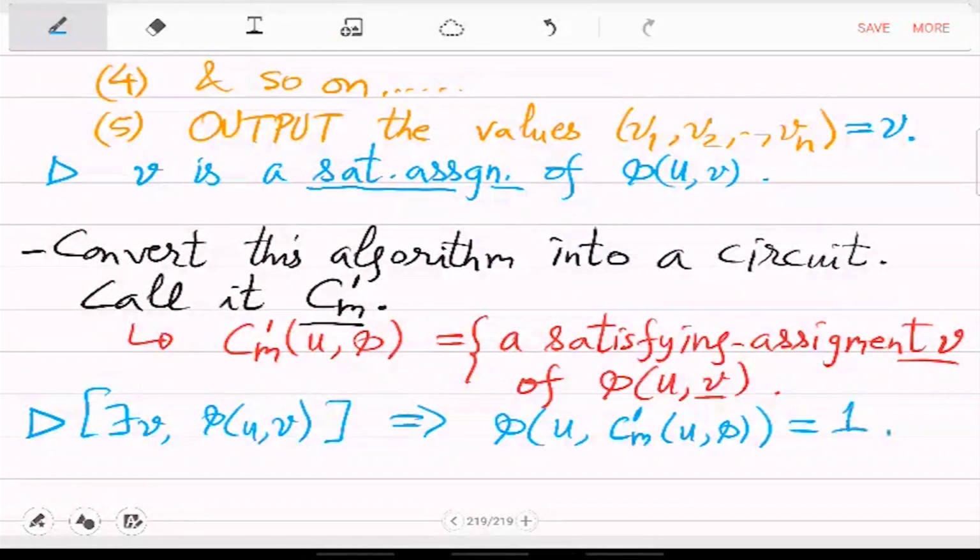And vice versa, right. So if there is a satisfying assignment, then C_m prime(u, phi) is that, it works, and if C_m prime(u, phi) cannot give an output that satisfies phi(u, .), then it only means that there is no satisfying assignment. So now you can rewrite psi, right, that was for all u there exists V phi(u, V), that psi we can rewrite.